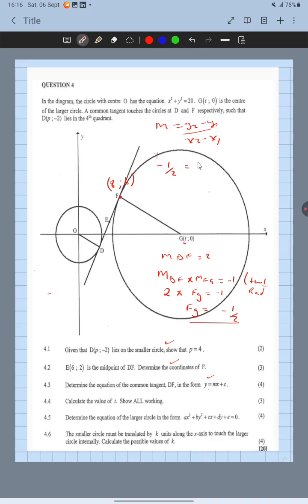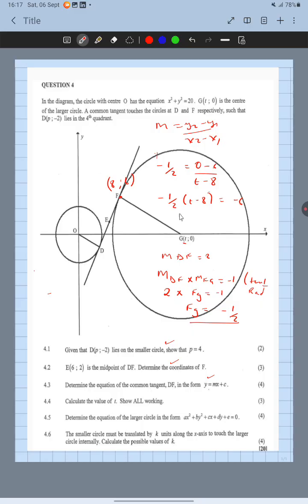So this should be 0 minus 6 over t minus 8, right? And if you multiply there, it will be negative half multiplied by t minus 8 is equal to negative 6.